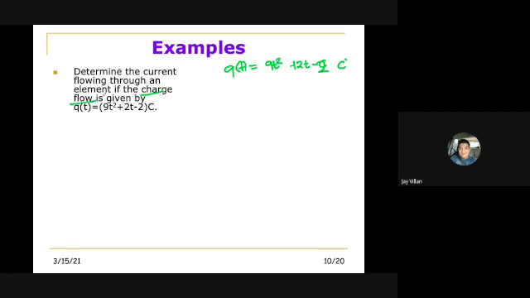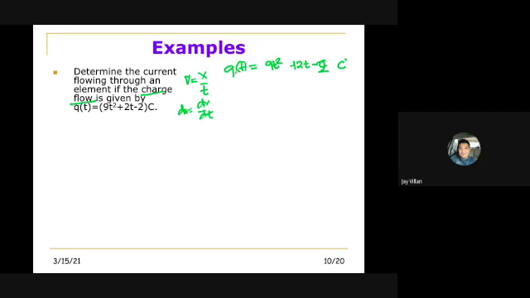Okay? So if you go back to our calculus, the flow rate is v equals x over t, or dv equals dx over dt. So we can also do that here with our charge.